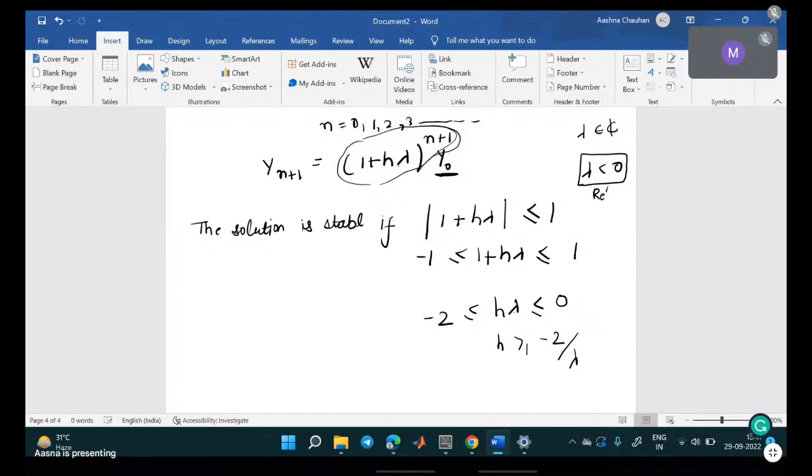So the real part of lambda should be less than 0. ठीक है, या फिर हम अगर real भी consider करें, so lambda should be negative only in that case this 1 plus h lambda modulus is less than or equal to 1. ठीक है, और यहाँ पे देखो h का एक बाउंड दे दिया कि अगर मेरे पास h is greater than or equal to minus 2 upon lambda हुआ, only in that case our method is stable, the forward Euler method is stable. अब अपन चेक करेंगे क्या ऐसी कंडीशन जो है कि this method is stable if this holds, the given solution is stable if this holds.